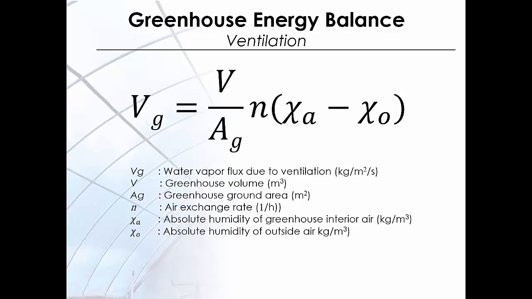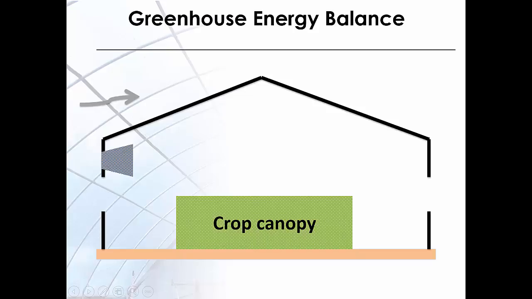Water vapor balance in the greenhouse energy balance analysis should also consider the water vapor flux due to ventilation, and in this analysis we can consider the ratio of greenhouse volume to greenhouse area, as well as the air exchange rate and the absolute humidity difference between the greenhouse interior and the outside air.